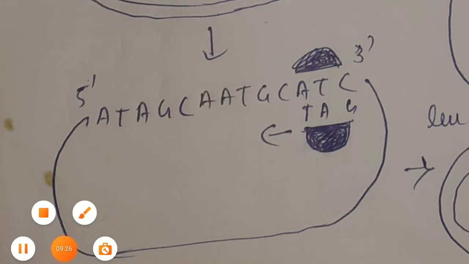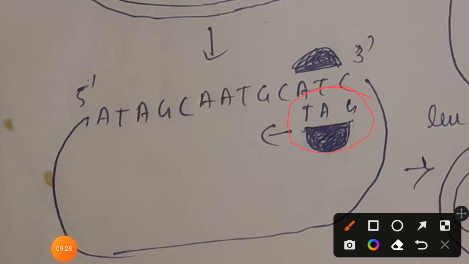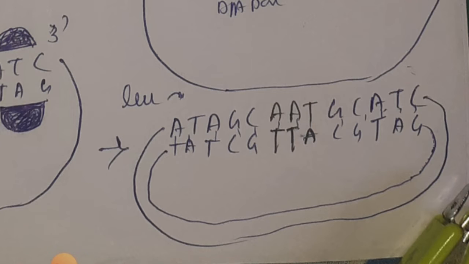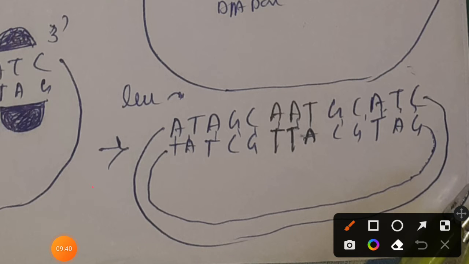After that you will incorporate the 3' end specific primer, that is TAG here, and DNA polymerase will extend it. As a result you will end up with this double stranded DNA molecule. Now let's focus on this one, that is AAT.